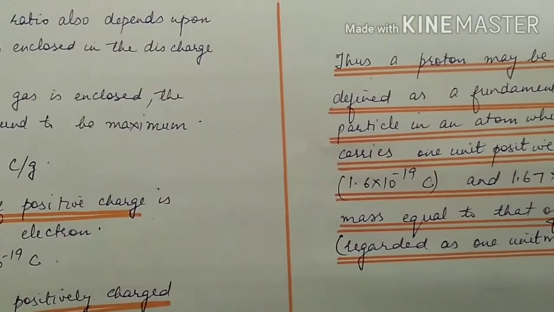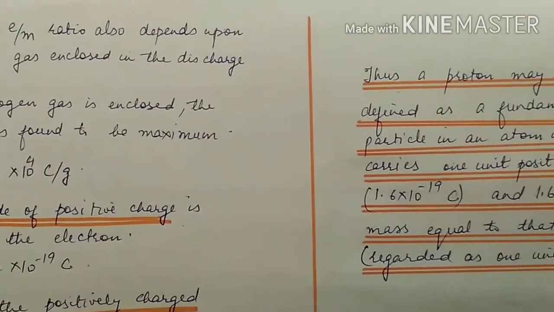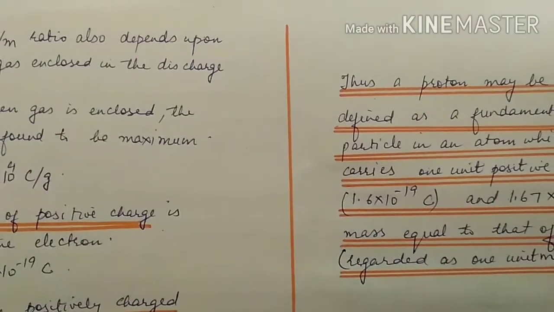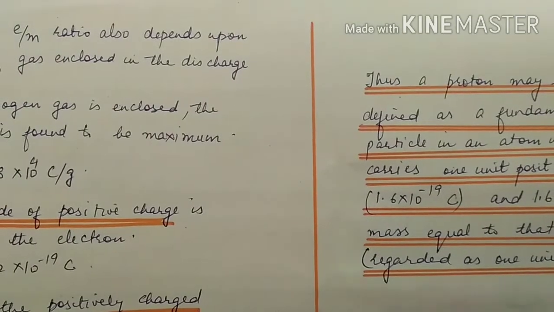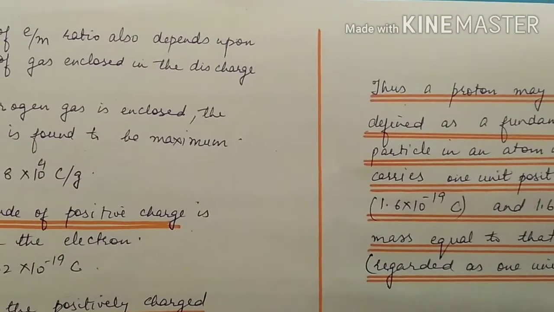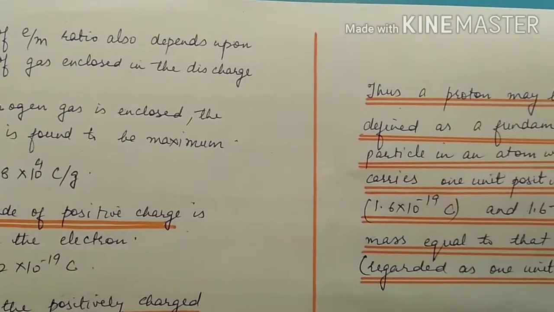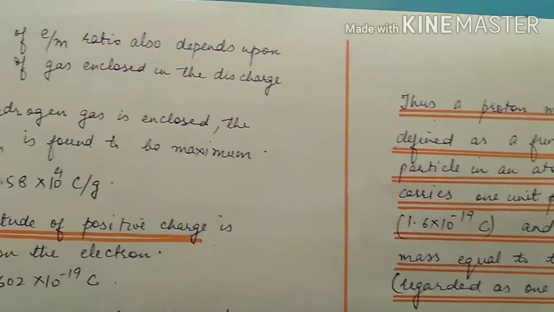Another thing that I must tell you is that the proton was discovered by Ernest Rutherford. Though you saw that Goldstein used the modified discharge ray tube, Goldstein could not identify or isolate the positively charged particle as proton.